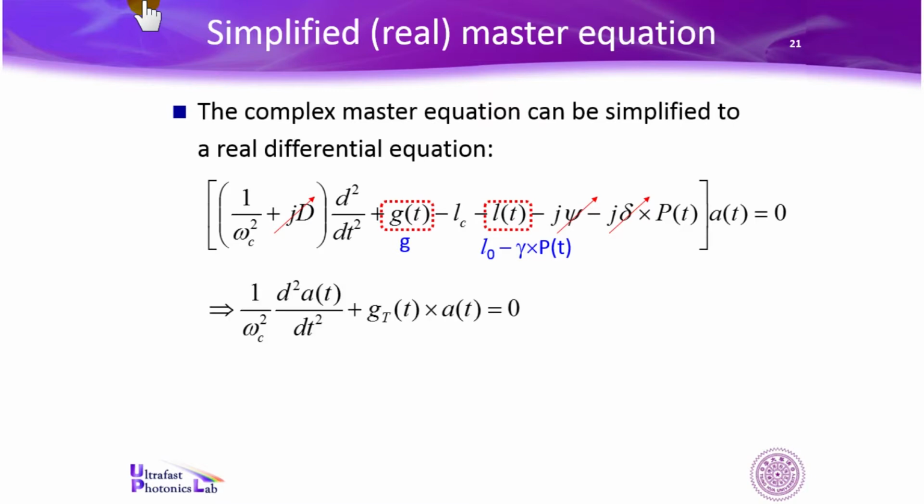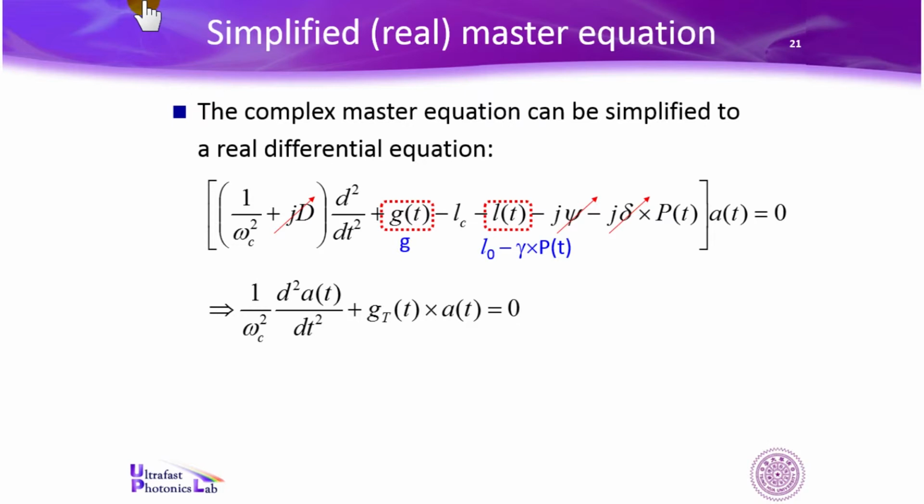So then you can simplify the original master equation into this one. Second order time derivative with a leading constant 1 over omega c squared plus a so-called time-dependent term, G sub big T of t, times A of t itself equals 0. So this is a very simple differential equation.